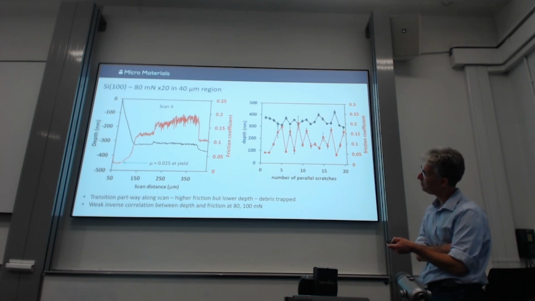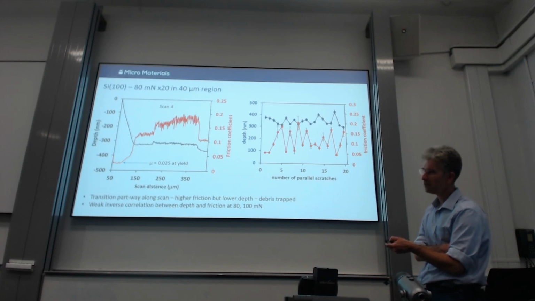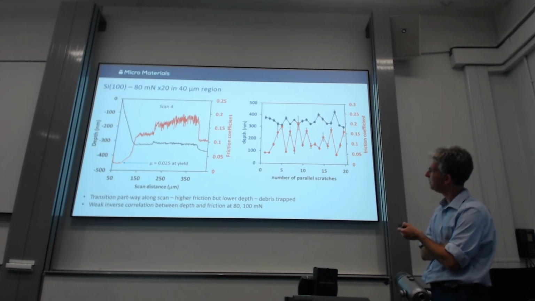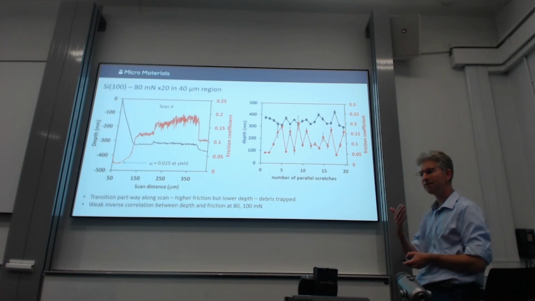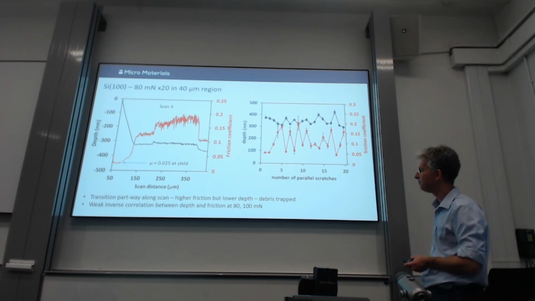And you look at the individual tracks, and this one particularly is more interesting, and you can see nicely transitions part way along the track. So here you're picking up something either at the edge of the track or even in the track, a little bit of subsurface debris, and that's caused this increase in friction, and then it's dropped down again. This sort of thing is going on throughout the test, and that's giving you that variability. So you've got some fundamental tribology that is potentially allowing you to look at.